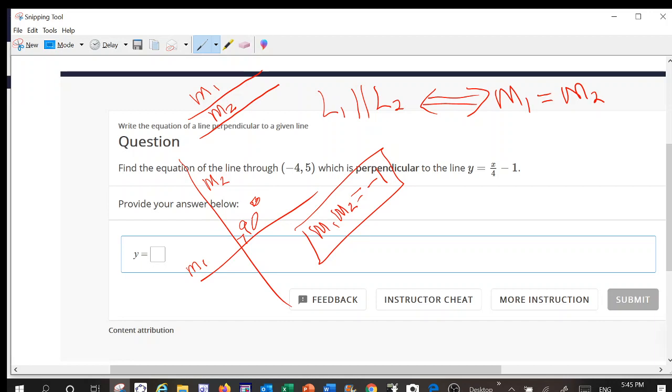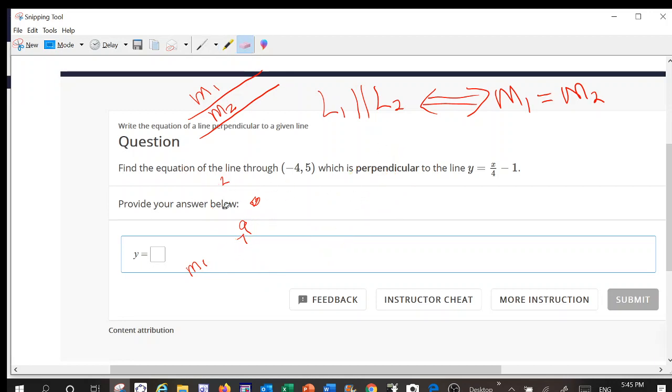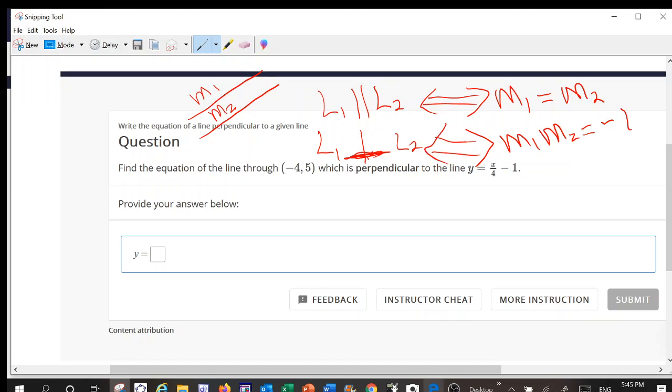So, let me write the rule over here. L1 is perpendicular to L2, and that's from geometry. Then m1 times m2 has to be -1, or the other way around.